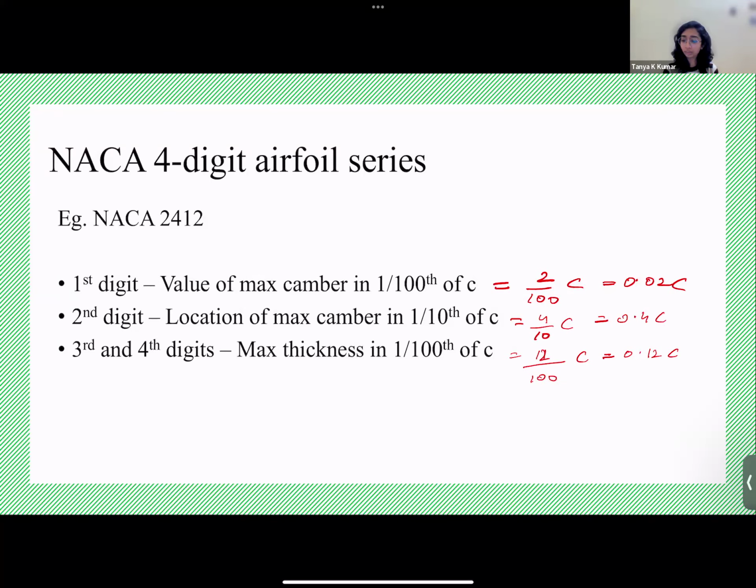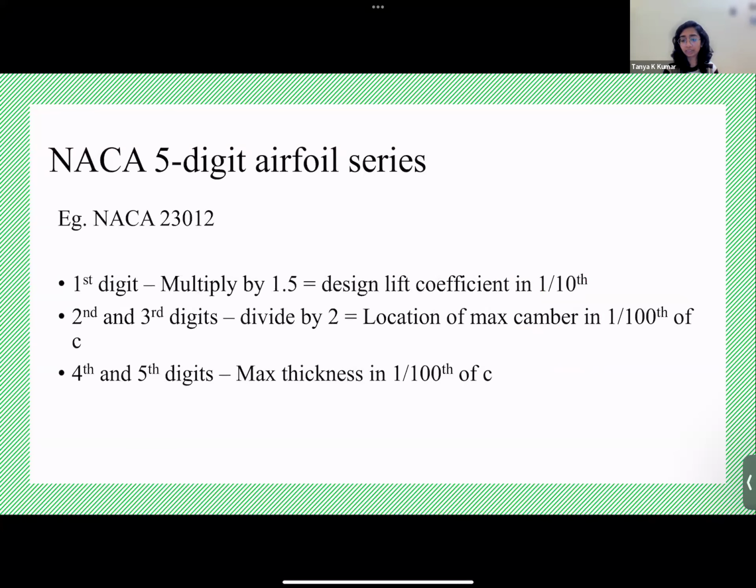This is just the values that we have computed. Now let's go to the 5 series. This is the example for the 5 series case. In the 5 series, the first digit multiplied by 1.5 gives you the design lift coefficient in 1/10. So the value here is 0.3, nothing but 2 into 1.5 by 10.